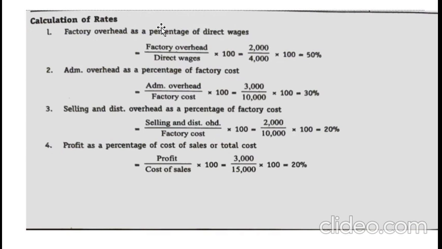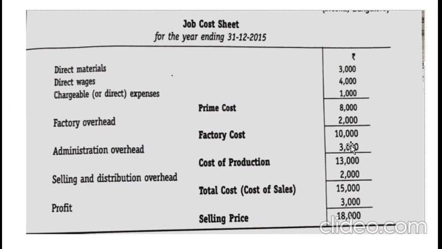Administration overhead as a percentage of factory cost. So your administration overhead is taken from your factory cost. So what will be the percentage? The formula will be administration overhead divided by factory cost into 100. Your administration overhead in your previous cost sheet is 3000.